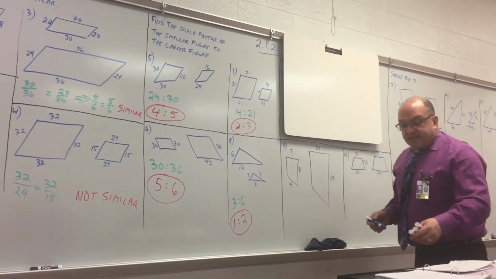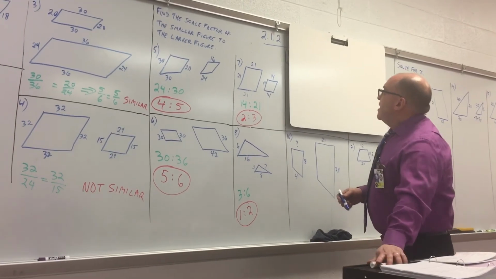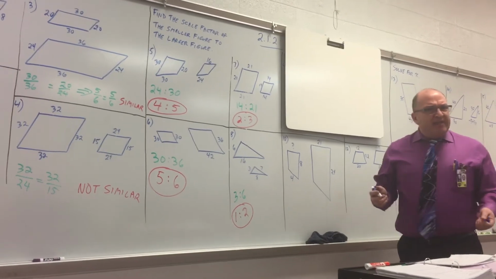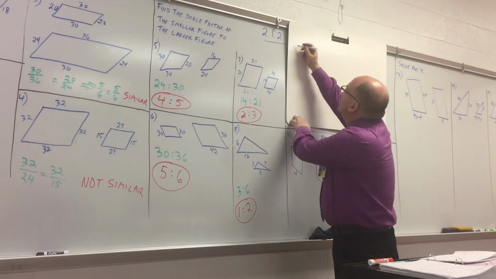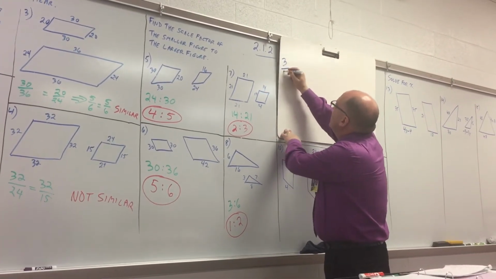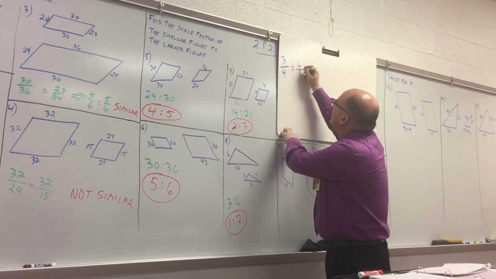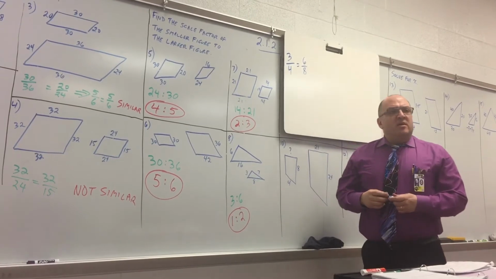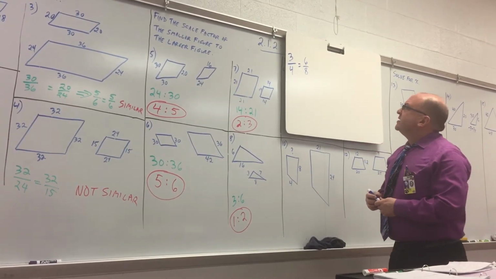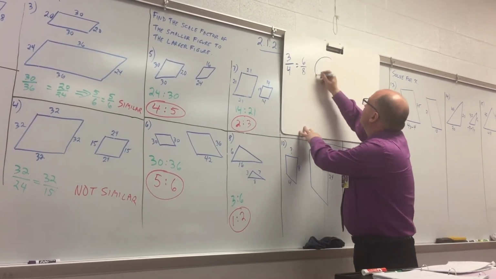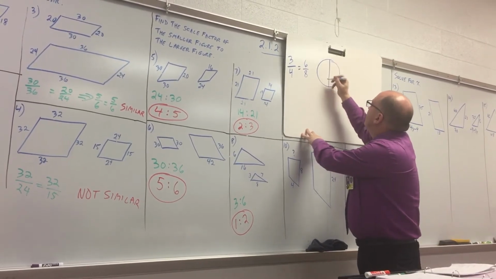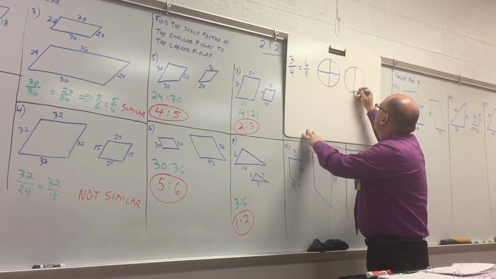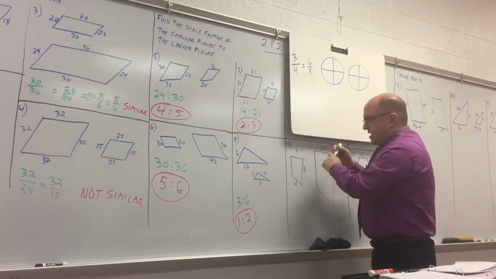All right, next thing I want to show you involves ratio and proportion. For example, would you agree that 3 over 4 equals 6 over 8? Do you agree with that?